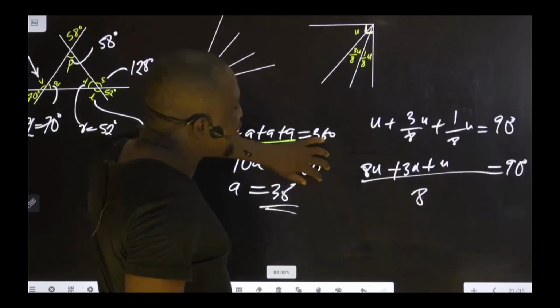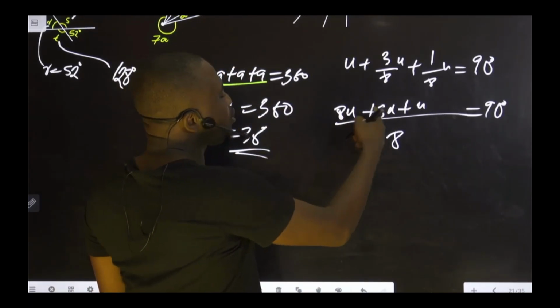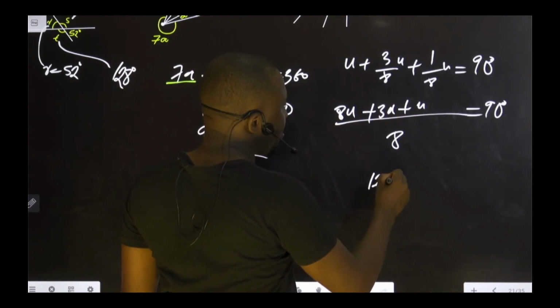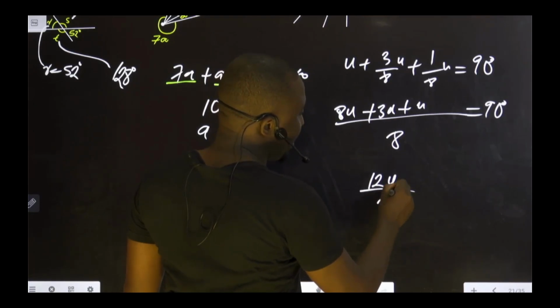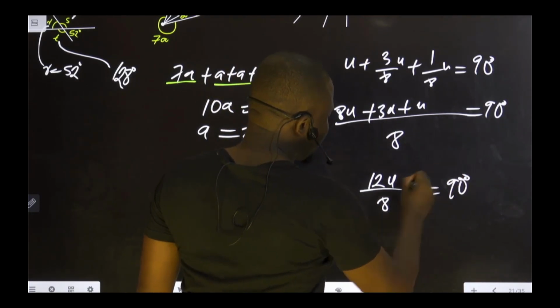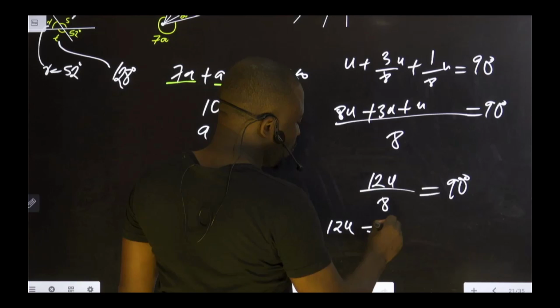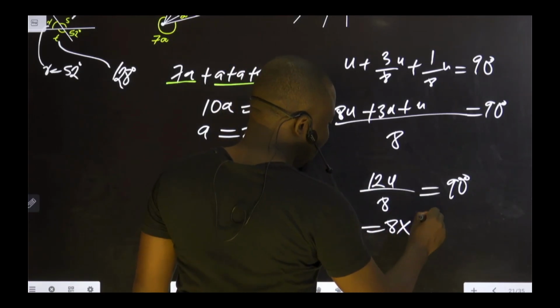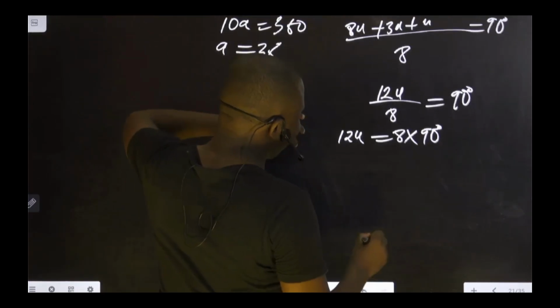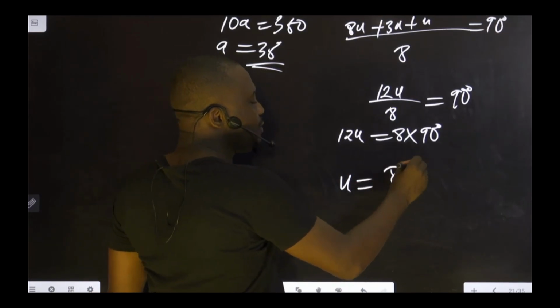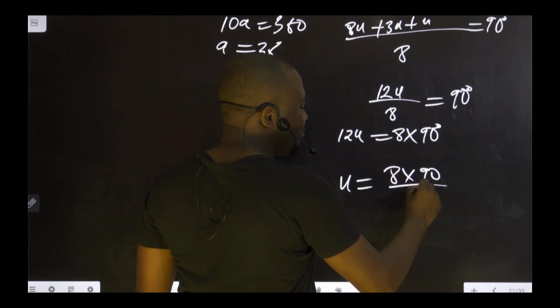If we add the numerators, you have 12U all over 8 equals 90 degrees. 12U is equal to 8 times 90.